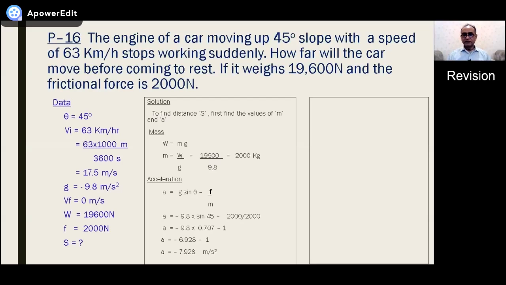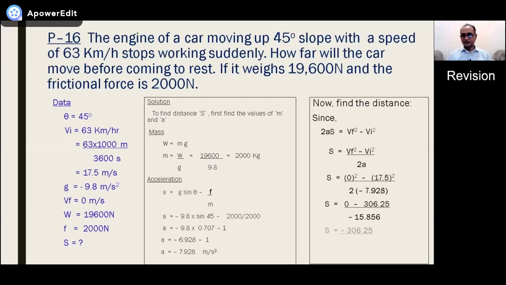Then in the same way, we found the distance of the car before coming to rest, 19.31 meter. So these were the three problems related to the inclined plane.